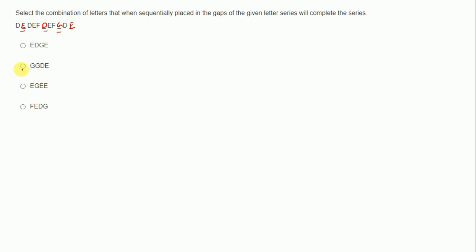So the option will be this one, because here we are following the pattern DE, these terms, then DEF, and now increase one more, DEFG, and then DE, and if there are more places then it will be DEFGH, but we don't need to go till there because here is our answer.